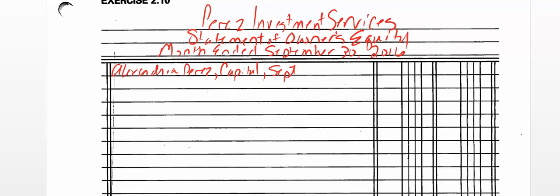Really, we shouldn't be abbreviating, but we're not going to make it if we don't here. September 1st, 2016. That number is already a total. It goes on the right-hand side. That number was $26,700. Again, I'm just pulling that number right off the list of information in exercise 2.8.